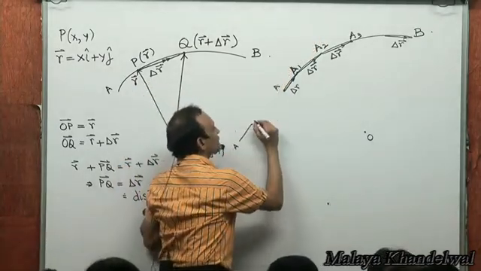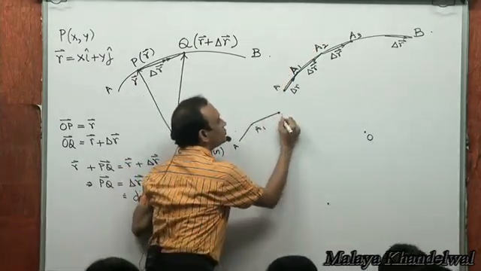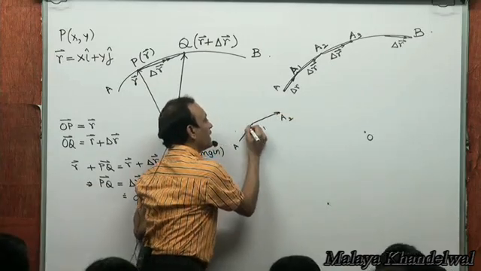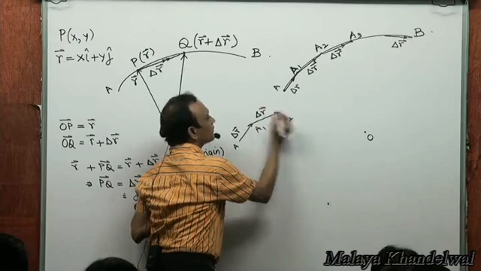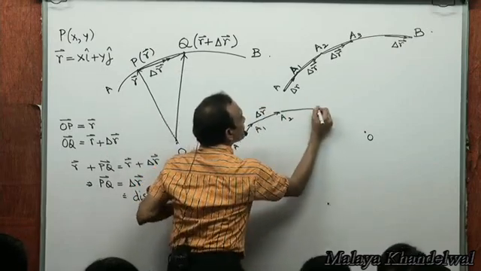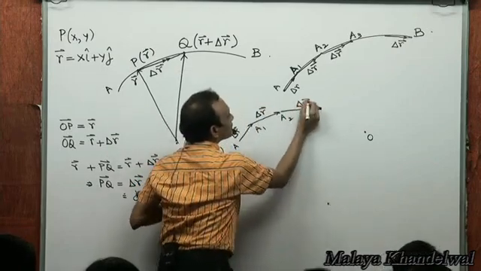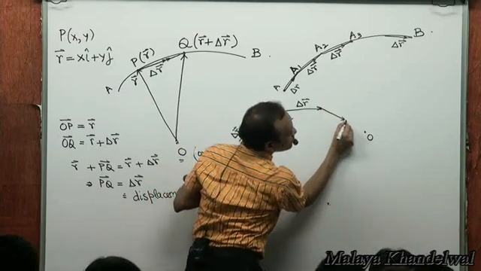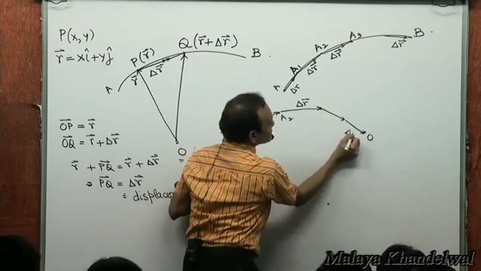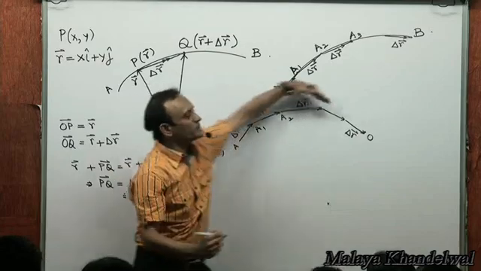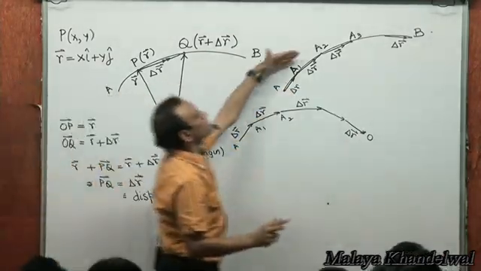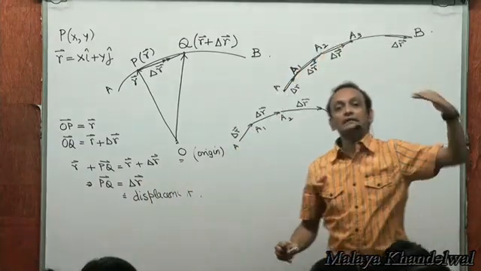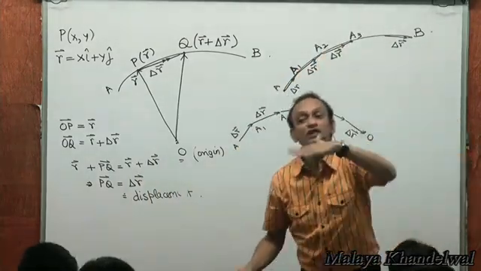AA1, which is a delta r. A1 to A2, another delta r. A2 to A3, another delta r, and so on and so forth. So a series of delta r's, which are straight vectors, could approximate the curve. That's an approximation to the curve.